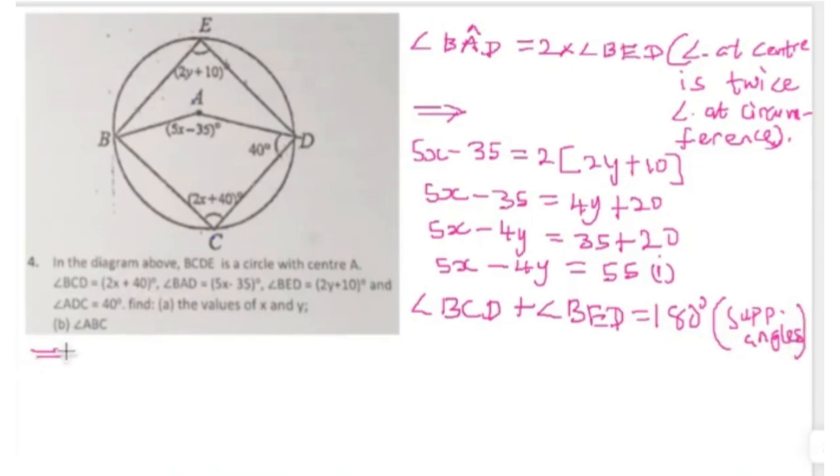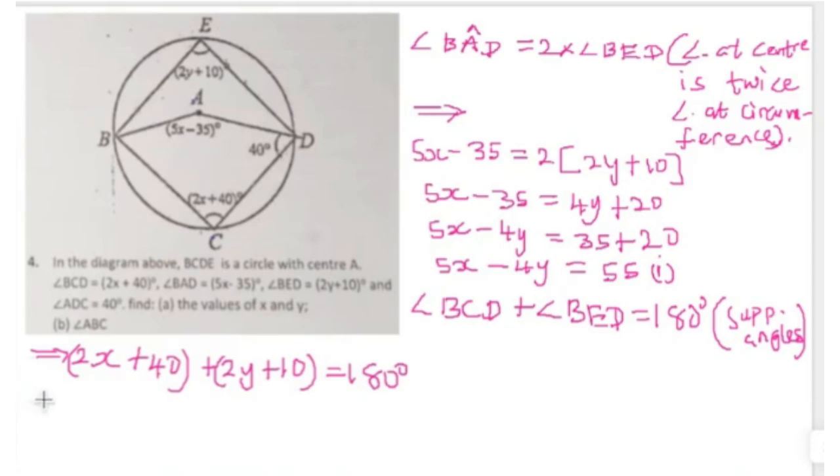This implies that 2x plus 40 plus 2y plus 10, everything should sum up to 180 degrees because they are supplementary angles.